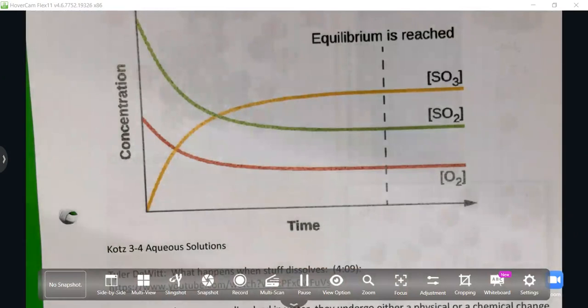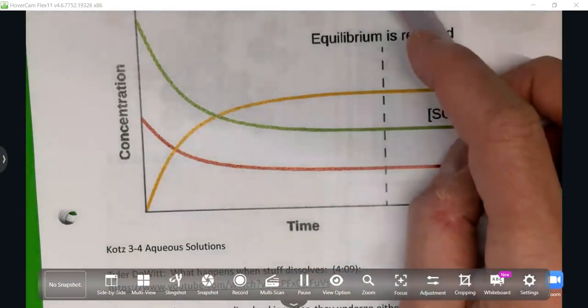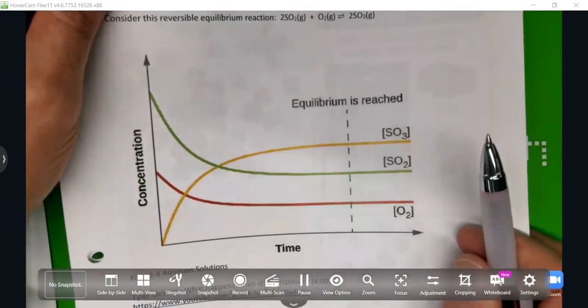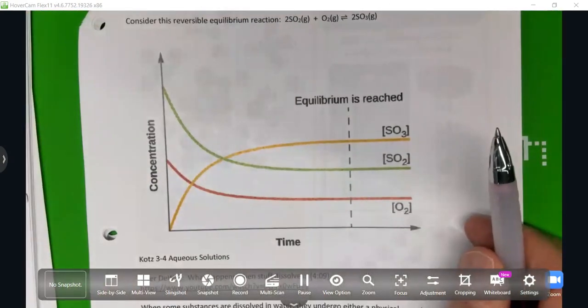But we know reaction rates are very, very different. Iron doesn't rust just like that, right? But you have done reactions before where boom, it's done. Well, this is a reversible reaction. So I put this diagram on here just to go through this a little bit.